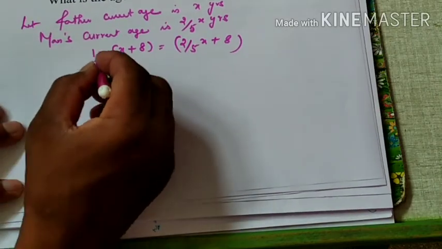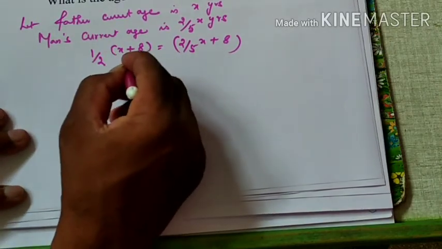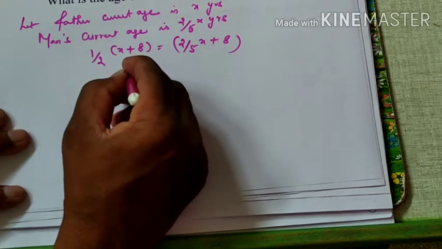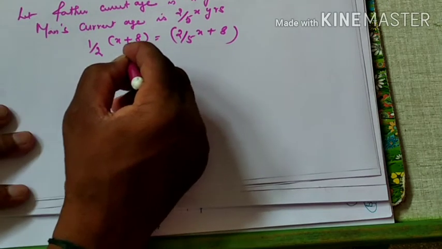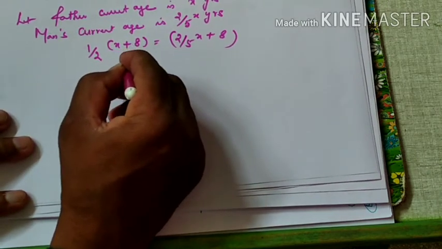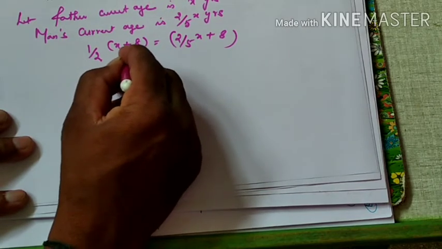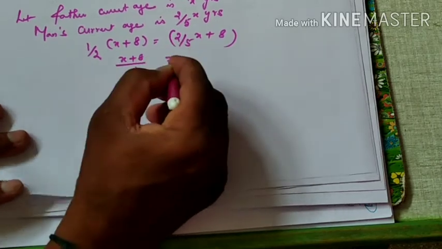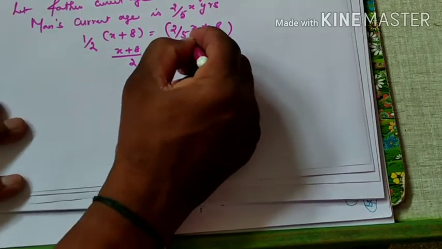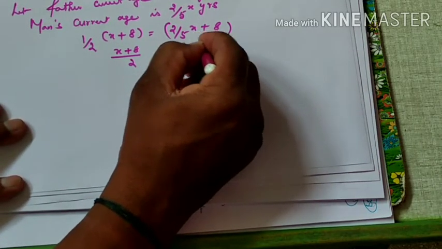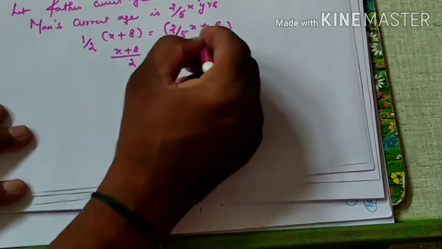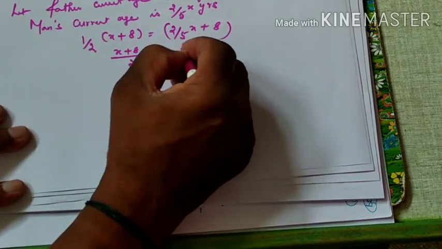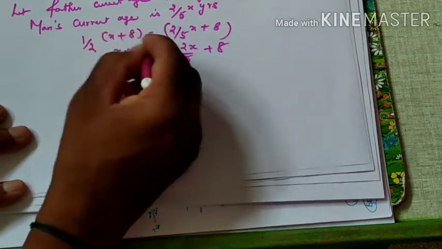Now listen. If you take a common 2, x plus 8 by 2 equals 2x, right.